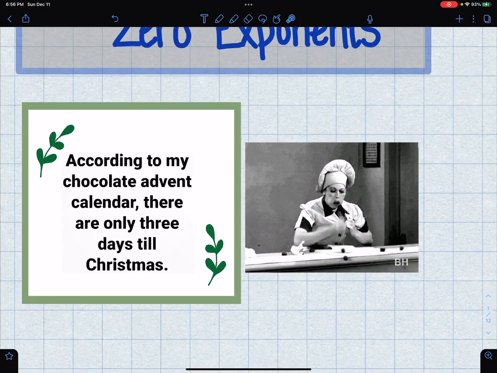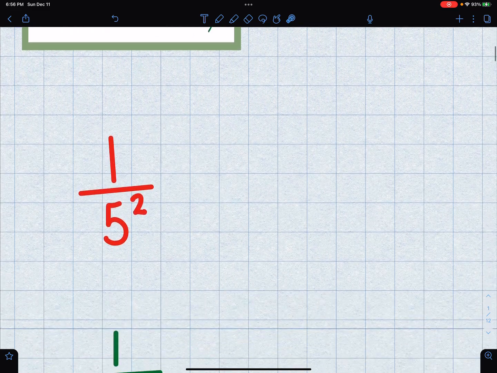All right, let's get into negative exponents. Here we go. So it's convenient to have an alternative way to write the reciprocal of an exponential expression. So here we show a way to write 1 over 5 squared.